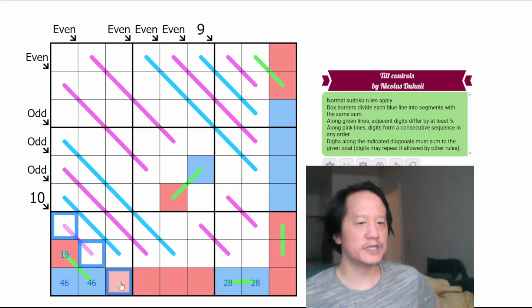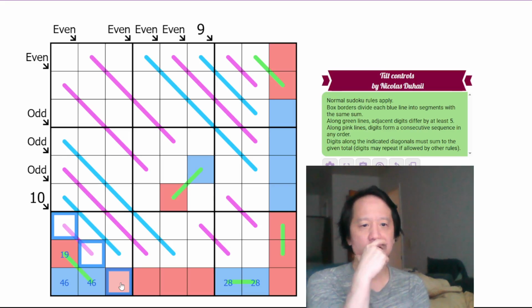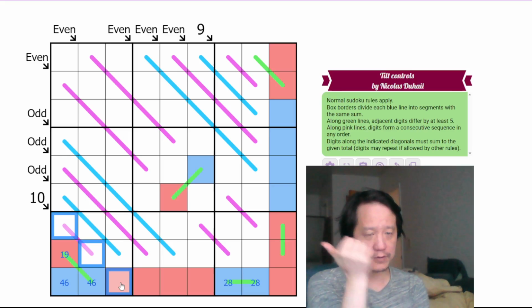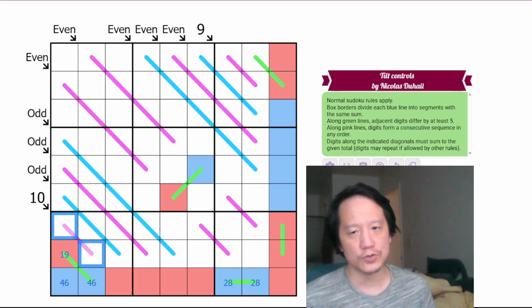This adds up to 10 without 4 and without 6. The possible combinations then are 1, 2, and 7; no 1, 3, 6; no 1, 4, 5; or 2, 3, 5. So we're guaranteed a 2 on one of these cells.